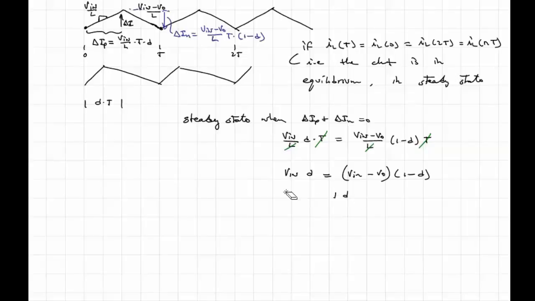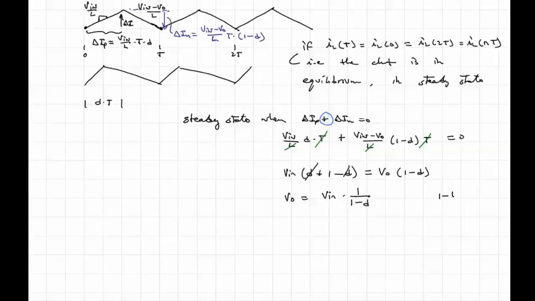Oh, I'm sorry, I made these equal. Those are not equal, they're added. Okay, let's do this again. Vn times D, and now we have plus 1 minus D, and then we'll do the VO on the other side, equal to VO times 1 minus D. These cross out, and we end up with VO equal to Vn times 1 over 1 minus D.